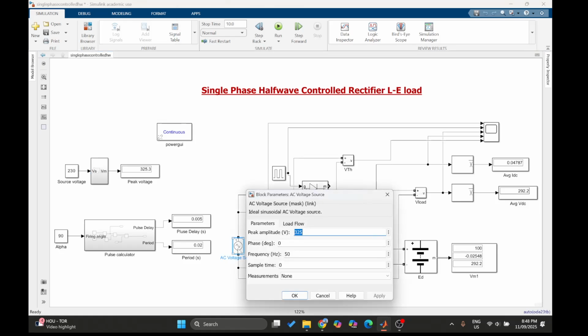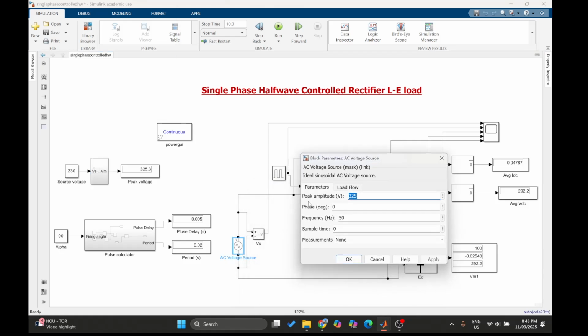That peak voltage is used here as the peak amplitude, 325 volt. That means our AC sine wave will swing from a peak of 325 to negative 325.